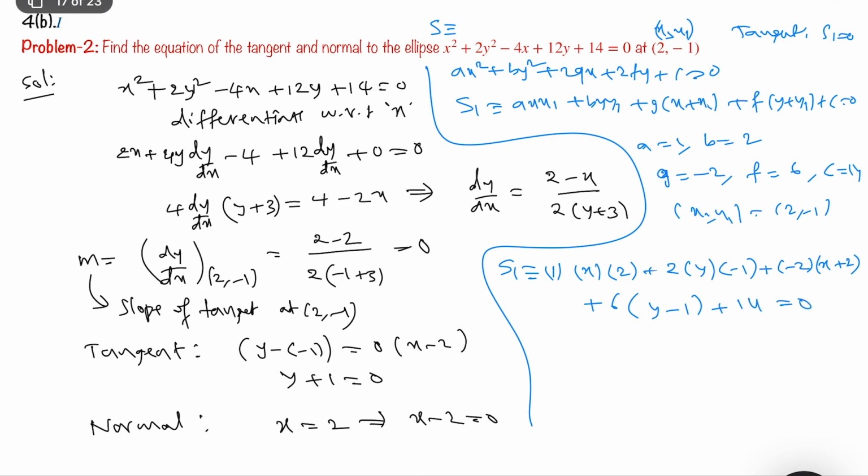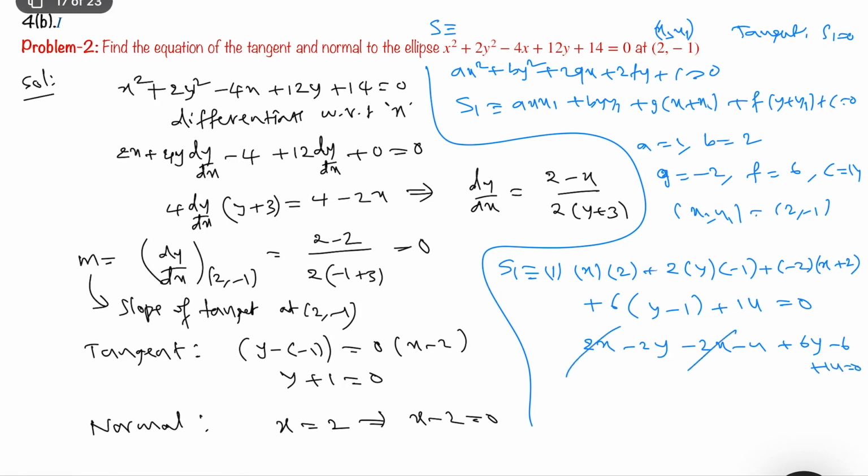That gives 2x - 2y - 2x - 4 + 6y - 6 + 14 = 0.